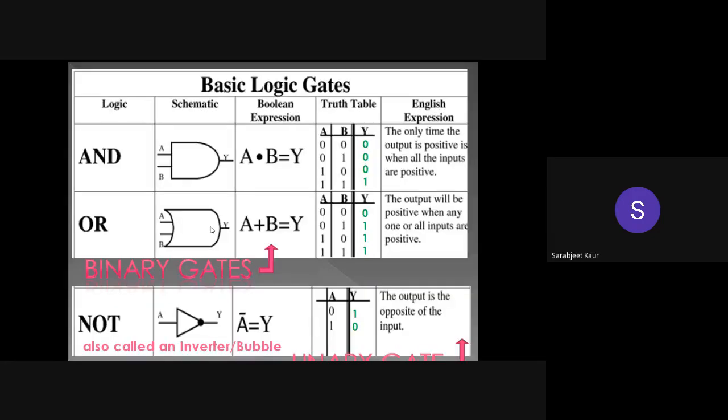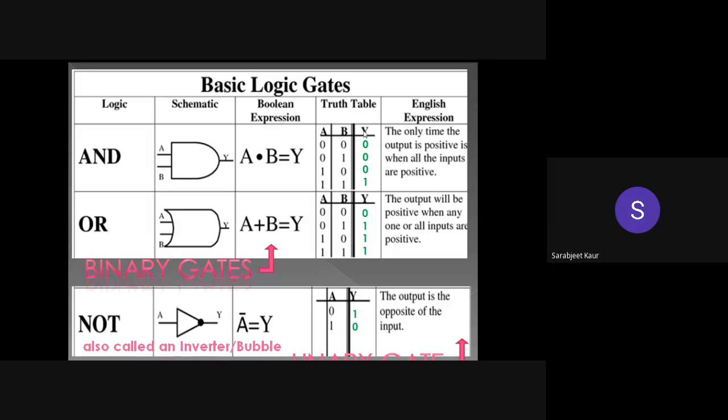Let's start with the AND gate first. So here you can see the truth table. Can you see the truth table here? Yes, ma'am. My mouse pointer is visible to you? Okay, good. So in this truth table, you can see on one side there are two Boolean variables listed, which are A and B, and on the right hand side there is a Boolean variable called Y. This is the output variable.